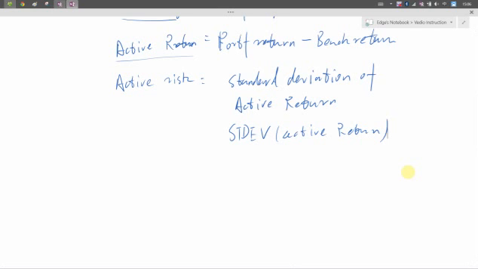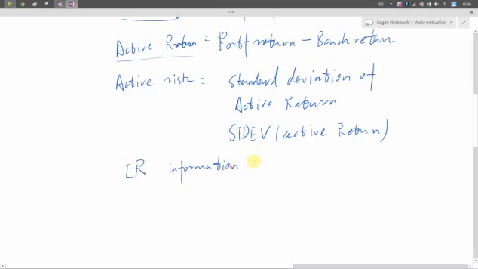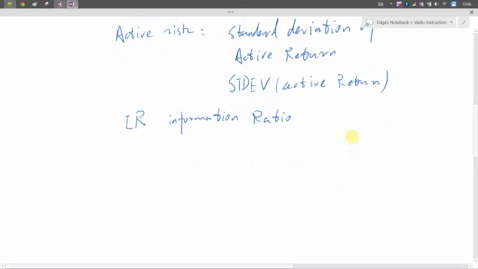This measures how much active risk you take, and finally we get to IR, the information ratio. This concept is so important, and I will not go deep into it here, but later on we will use it a lot. It's just the active return divided by the active risk.